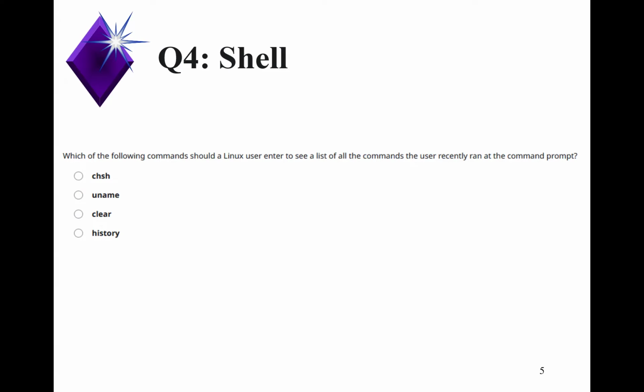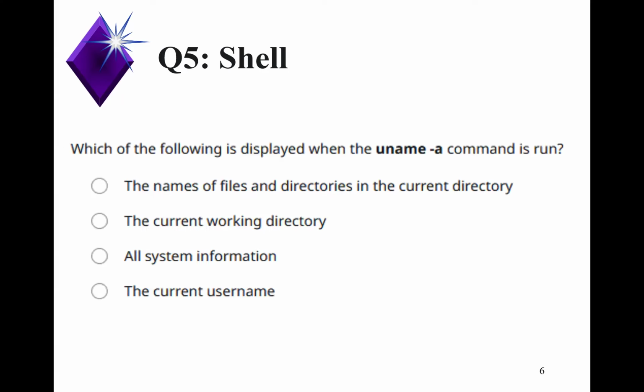Okay. All right, so now, which of the following? uname -a, you should also use it. Just write down uname -a and see what happens. You will get the system information, right?